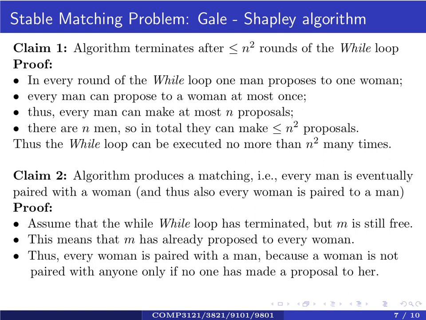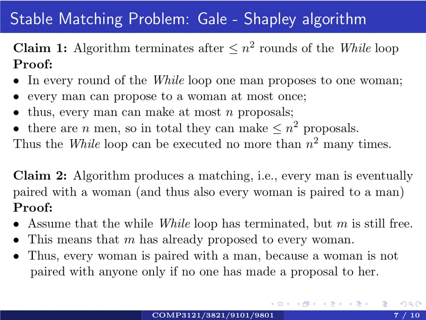But a woman always accepts a proposal if she is not paired with anyone. So since M has proposed to every woman, she must be already paired. But this means that every woman is paired with a man, because a woman is not paired with anyone only if no one has made a proposal to her.